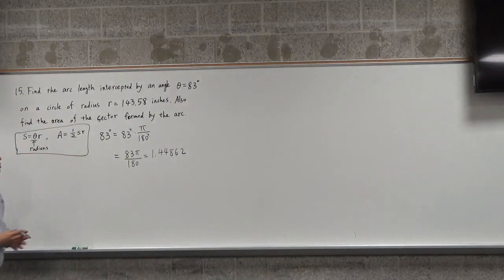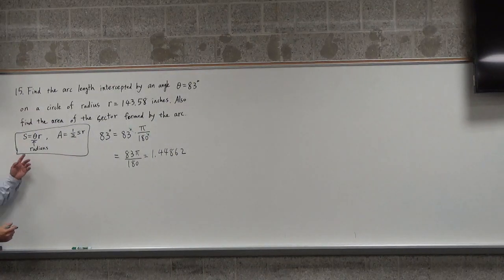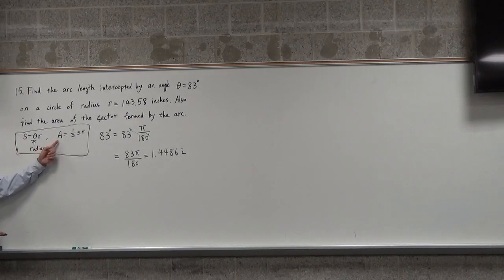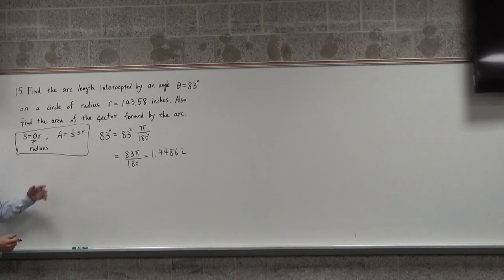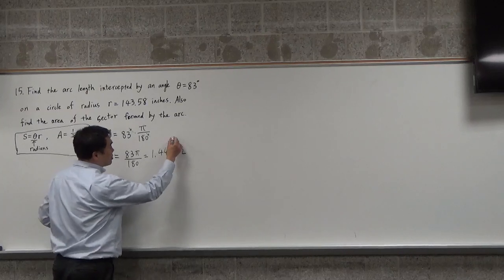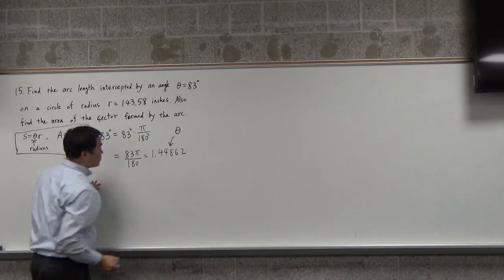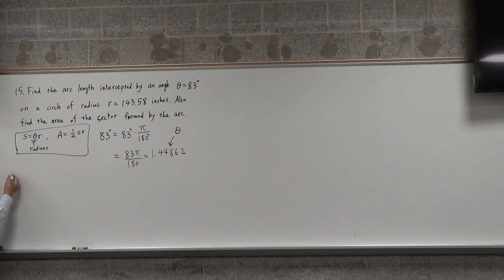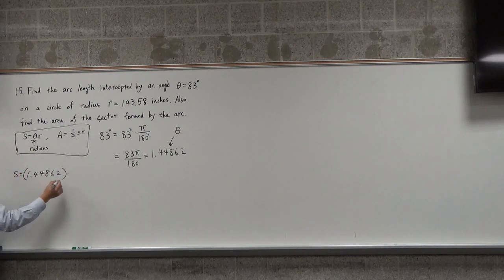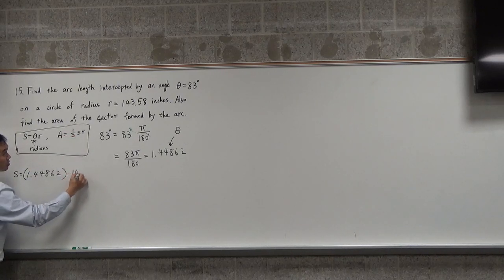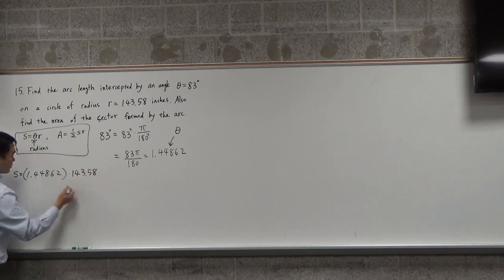Okay, so now what? The question is asking for both S and A, and we have everything that's needed. This is going to be our theta. So we're going to calculate S equals 1.44862 times, that's our theta, times R, and R is given there, 143.58.